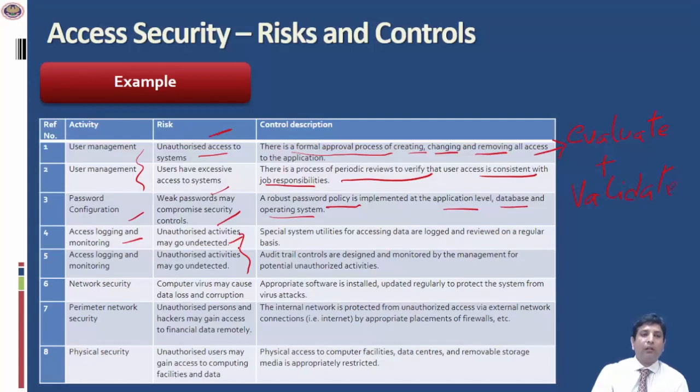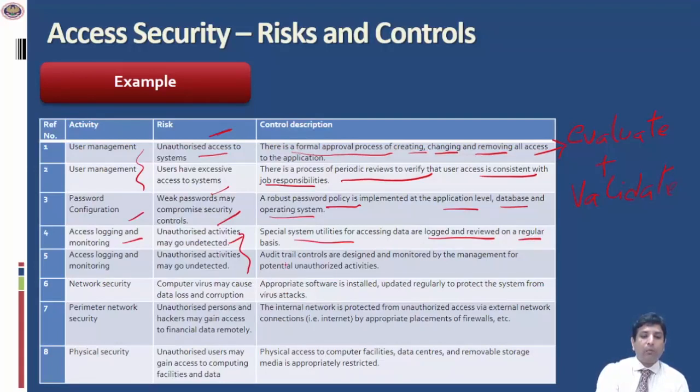Like we have discussed earlier, the example of privileged users' activity needs to be logged and monitored. So what is the control? Special system utilities for accessing data are logged and reviewed on a regular basis. So here the critical thing is first to log and then subsequently to review on a periodic basis.